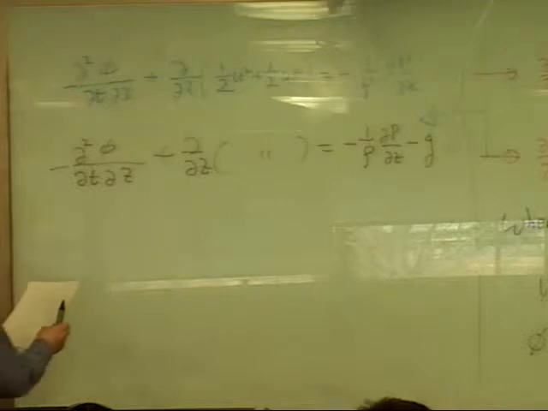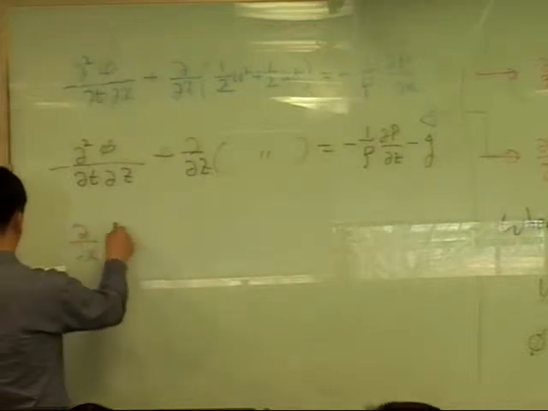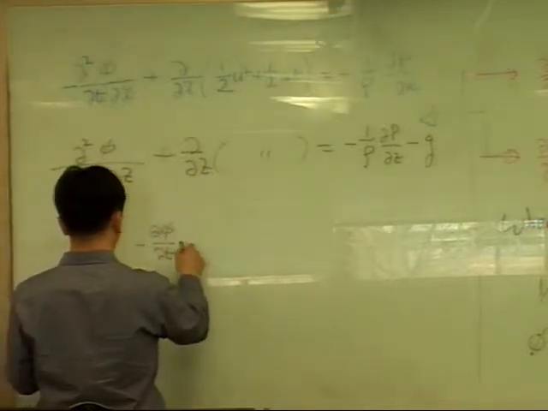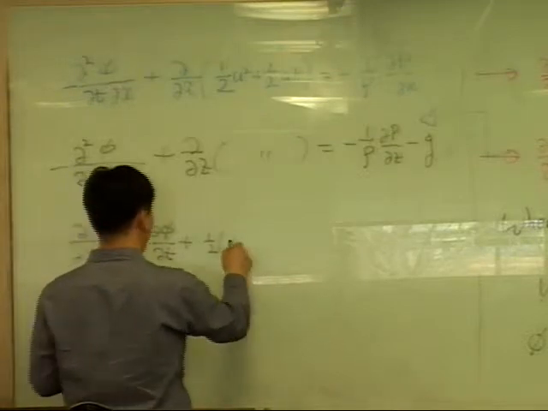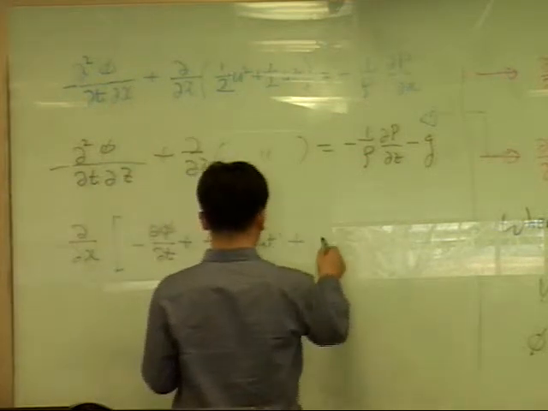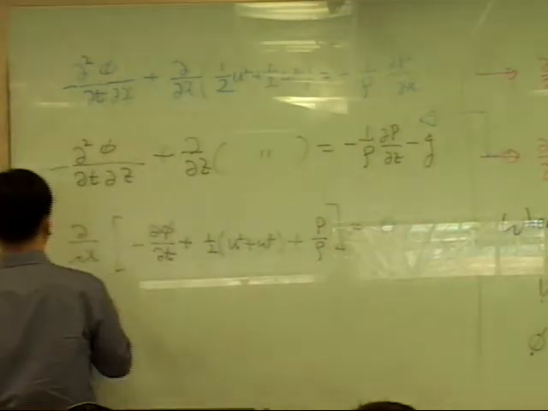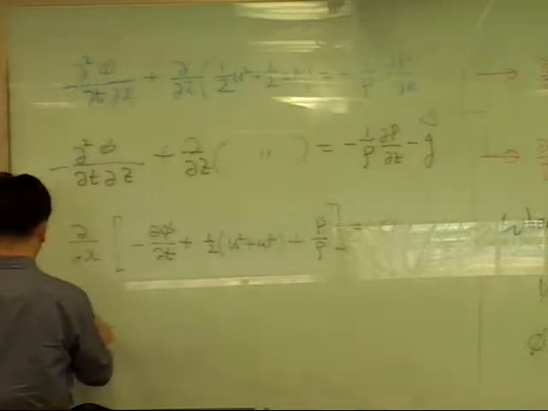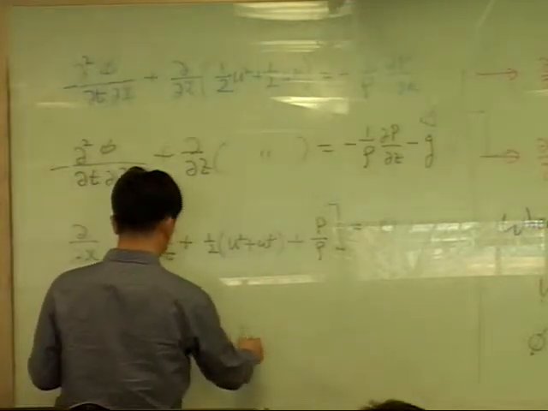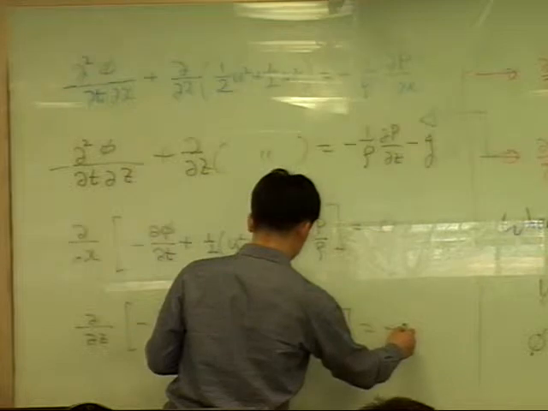So here we can rearrange the equation. P over rho equals 0. Minus 0 g.